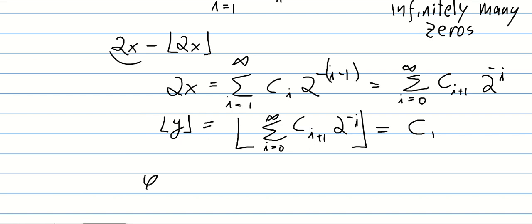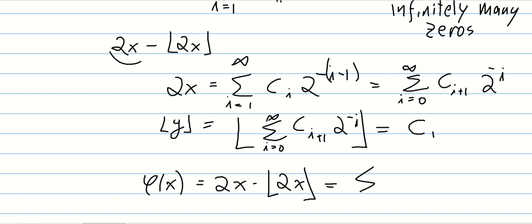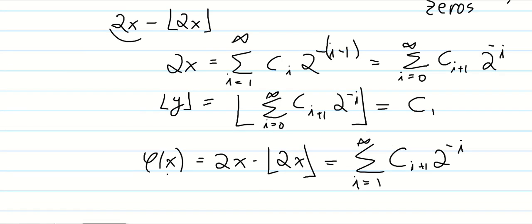So phi of x, which is 2x minus the integer part of 2x, is going to be the sum. We delete the first term, so it just starts from 1 again: C_{i+1} 2^{-i}. Okay, so we already understood how phi acts on these coefficients.